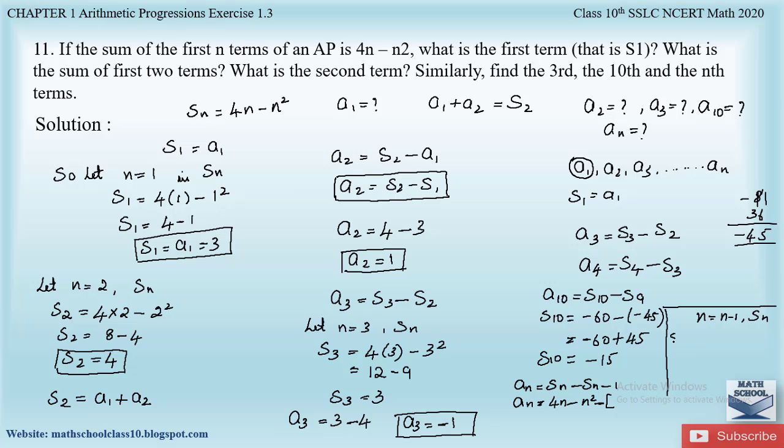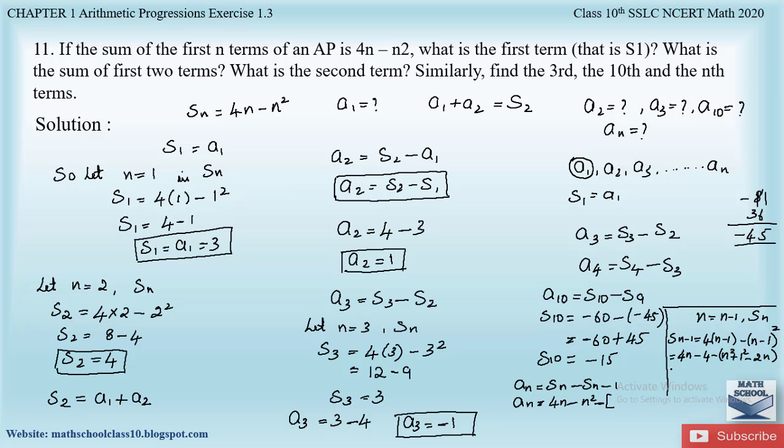So we will get Sn minus 1 is equal to 4 into n minus 1 minus n minus 1 the whole square. If you open the brackets, it will be 4n minus 4 minus the whole square of n minus 1, that is a minus b the whole square: a square, that is n square, plus b square, that is 1 square, minus 2ab, that is 2n.